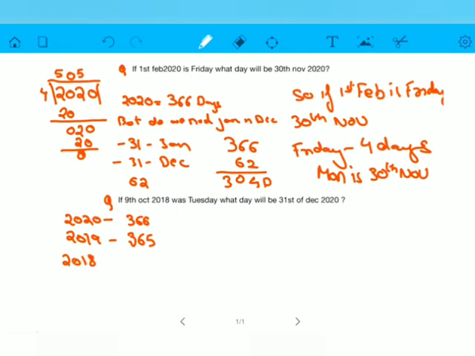And then you have to take 2018, but the only remaining parts are December, November, and part of October. So we need to figure out how many days of October are left and add them all together. So 31 plus 30 plus 9 minus 31, which is equal to 22.